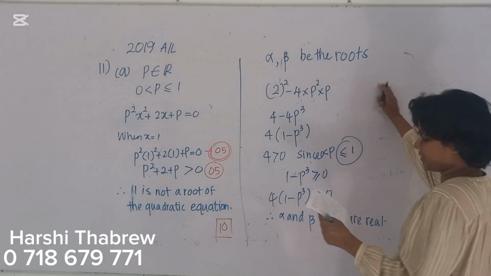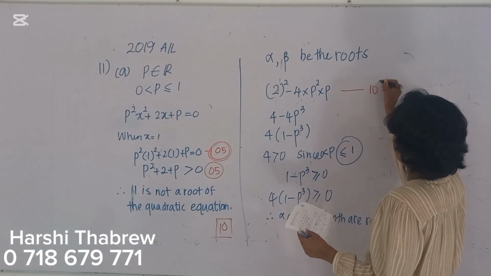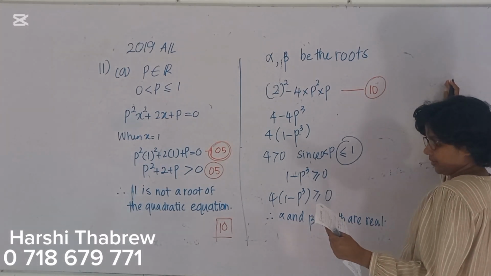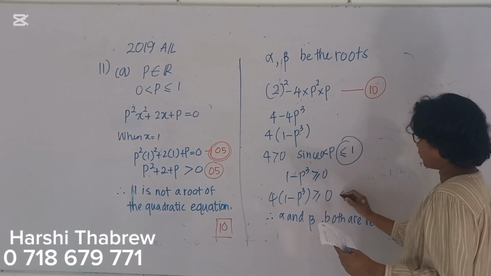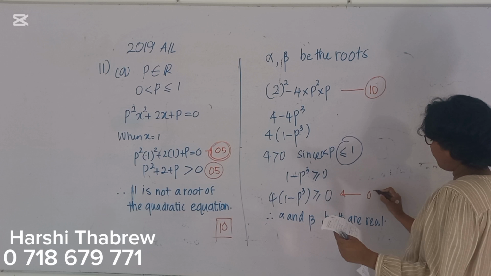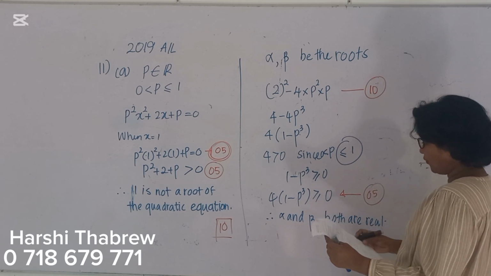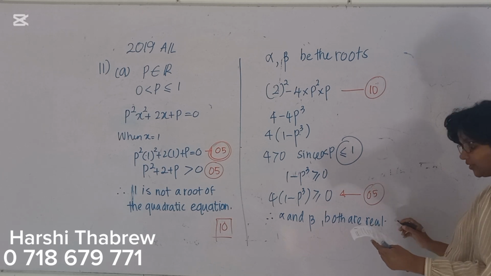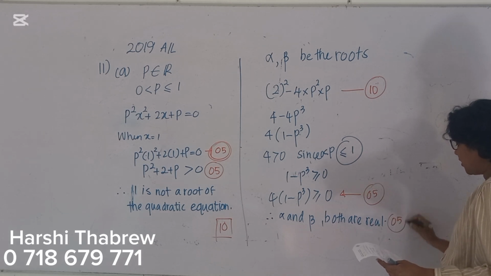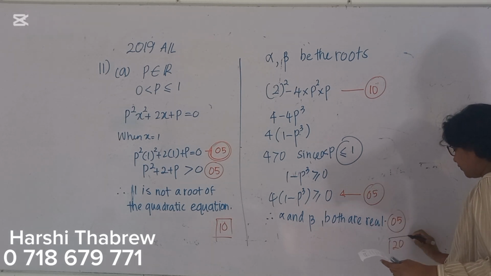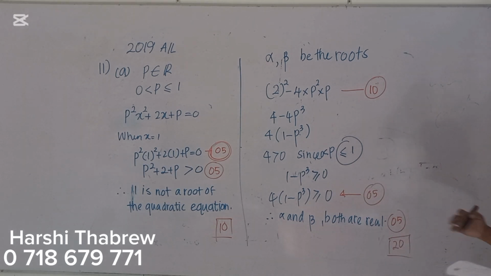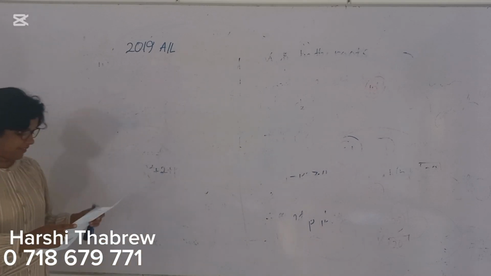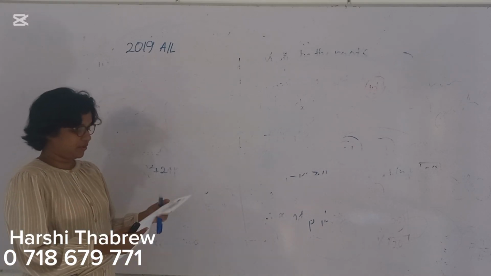For finding the discriminant, they had given 10 marks. For showing this, they had given 5 marks, and for writing that alpha and beta both are real, they had given 5 marks. Altogether for this, they had given 20 marks.